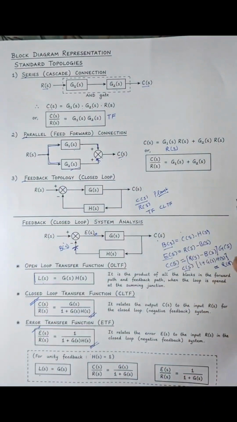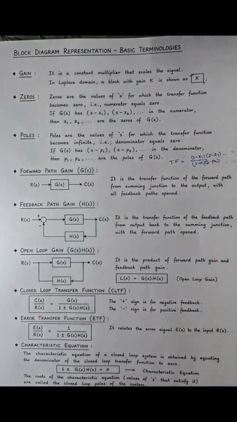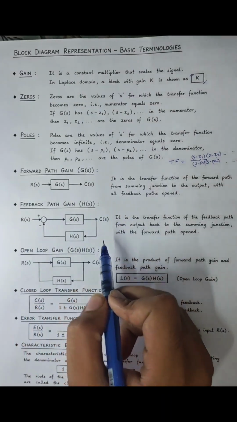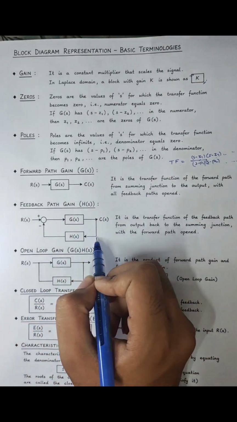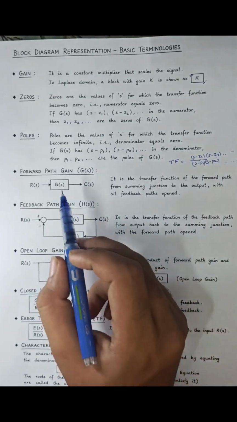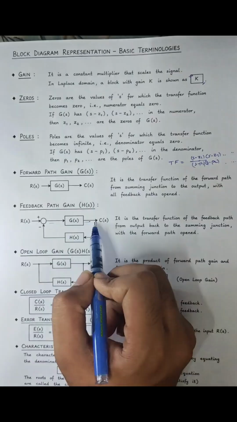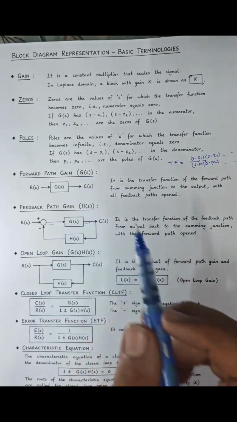So there can be different forward paths and different forward path gains as well. The feedback path gain is only the path which is connected to the feedback, and only that path is taken as the feedback path.